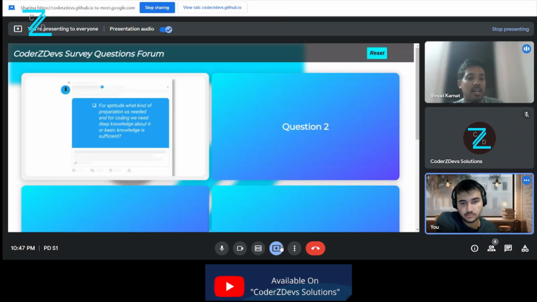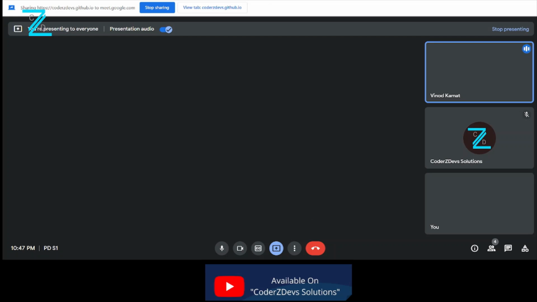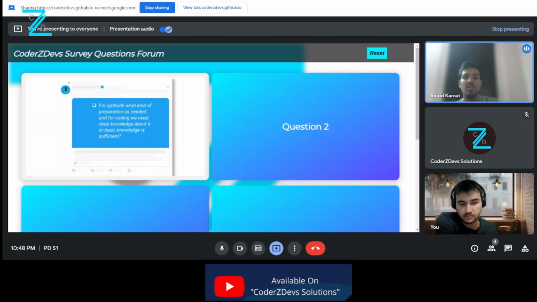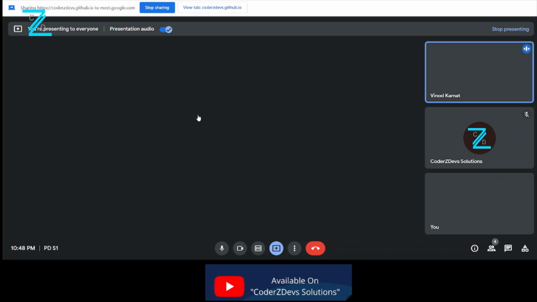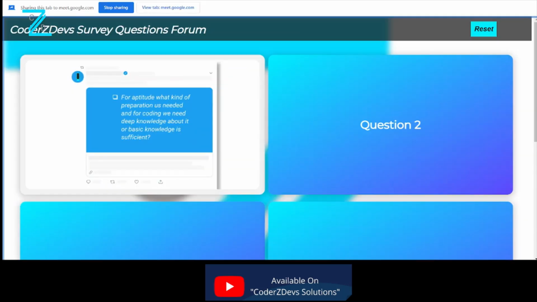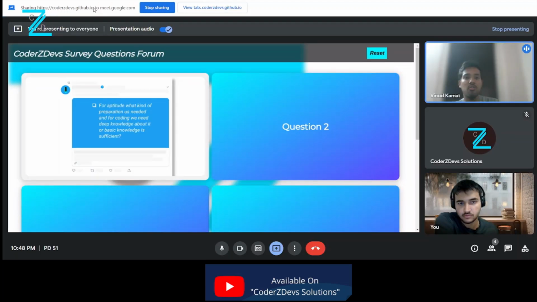And coming to the second part of the question, do we need deep knowledge or is basic knowledge sufficient? Again, these are a bit abstract terms in terms of what you mean by deep knowledge and what you mean by basic knowledge. As I said, if you are familiar with data structures, if you understand how data structures work, the fundamental algorithms such as searching and sorting, and if you are clear on OOPs concepts, I think that would be good enough for most of the companies.